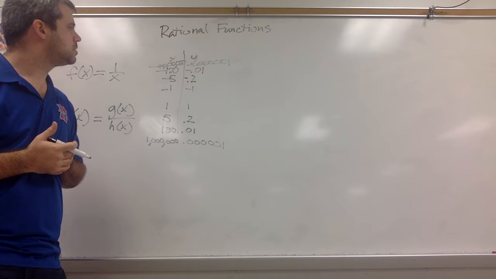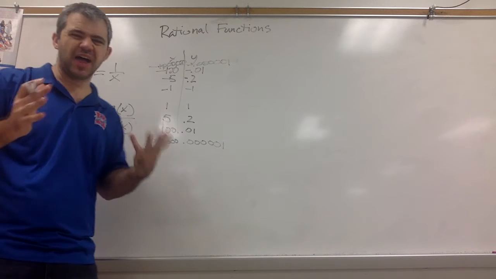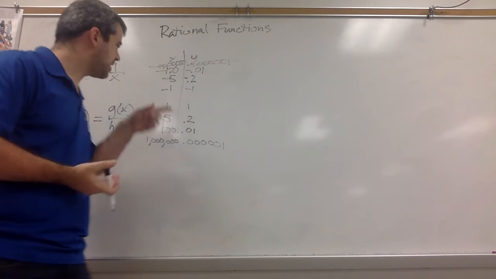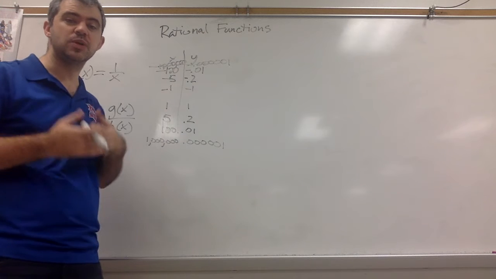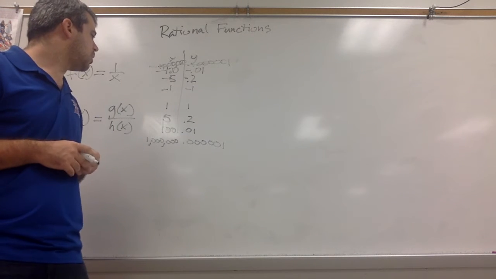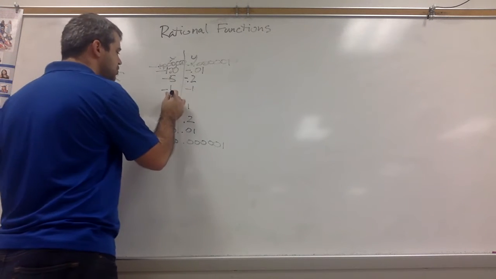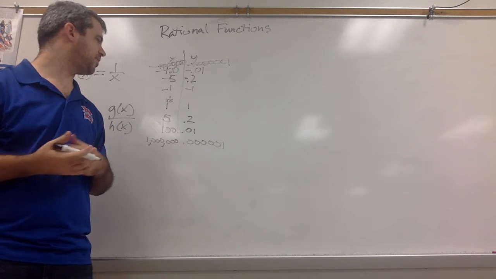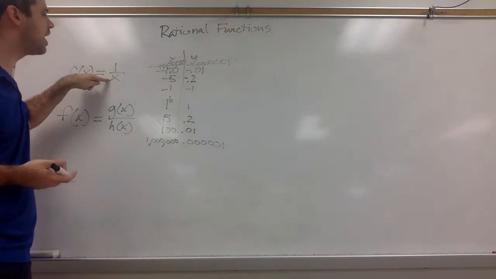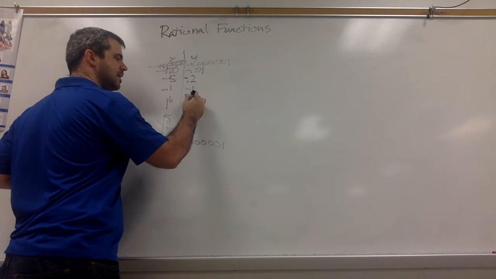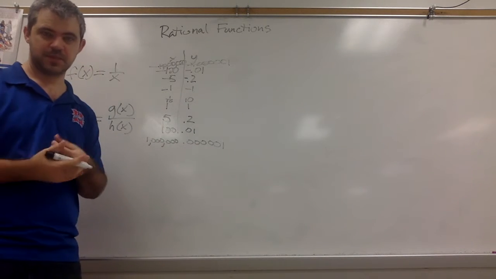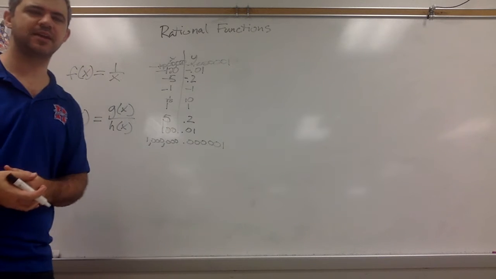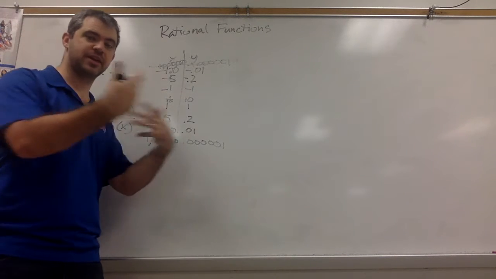The other weird thing about rational functions is what happens when we get really close to 0. Let's say I do 1/10. What's 1 divided by 1/10? It's 10. Remember, when you divide by something that's less than 1, we actually get bigger.